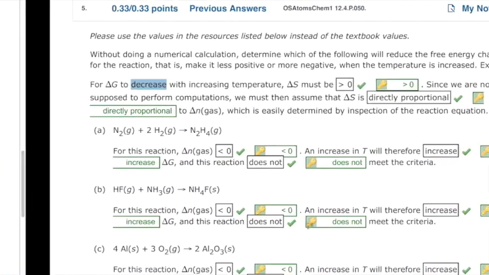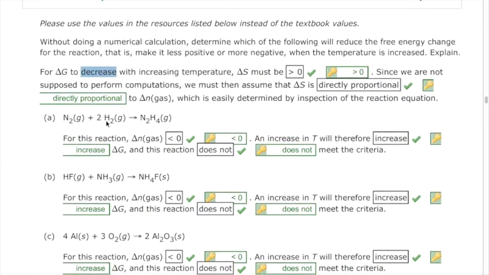So that's the backdrop. Since we are not supposed to perform computations in this problem, as it mentions in the directions, we have to assume that delta S is directly proportional to delta N. So in processes that increase the moles of gas from reactants to products, we'll have a positive delta N and a positive delta S, because if we're creating more gas molecules, we're increasing entropy, because gas is the most disordered phase.